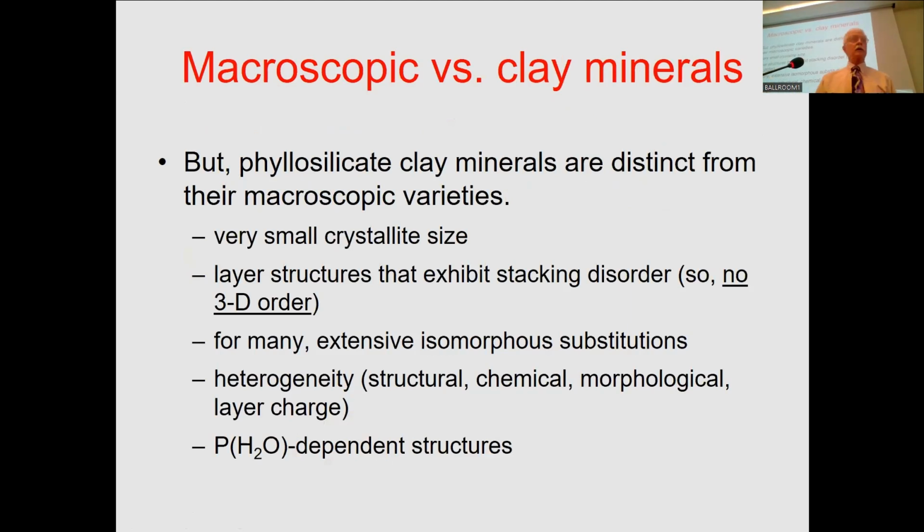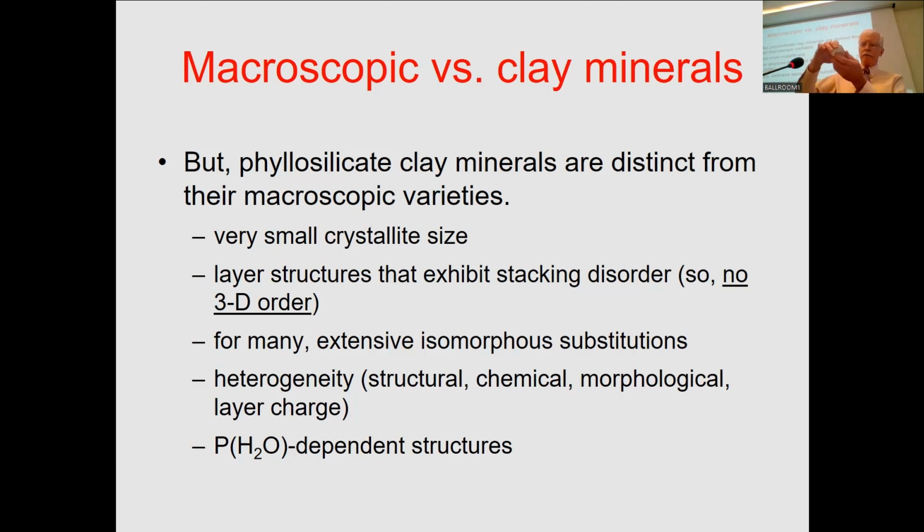So the phyllosilicate clay minerals that are so near and dear to our hearts and in our scientific societies are distinct in a variety of ways. We all know that they have very, very small crystallite size, as I showed you in the SEM photographs. So they have very high surface area. They have layer structures that exhibit stacking disorder.